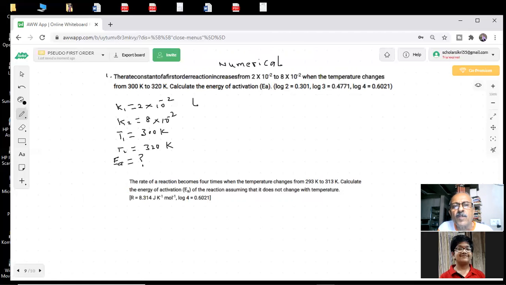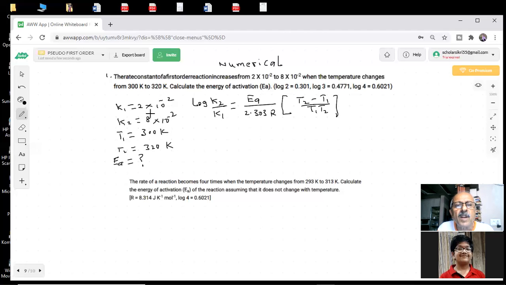What is the formula, students? You said log of K2 by K1 is equal to EA by 2.303 R, into T2 minus T1 divided by T1 into T2. So we can write the formula. And what is log K2 by K1?